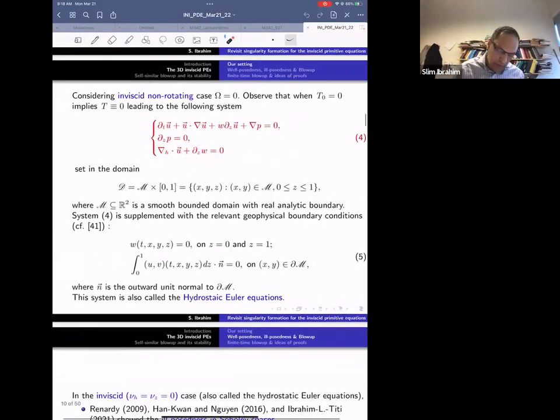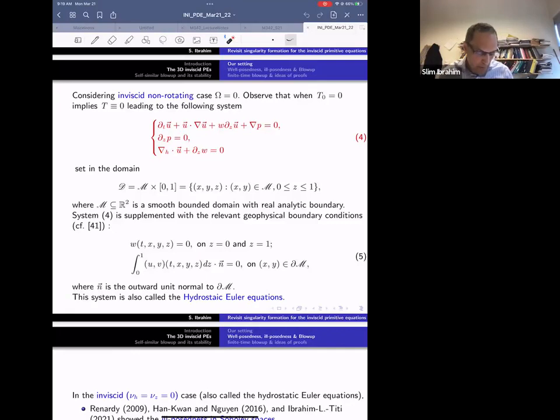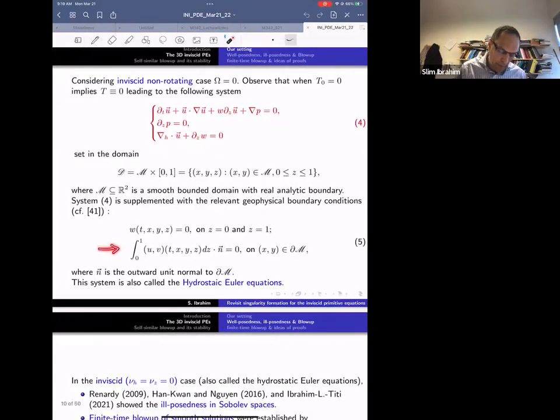And the second boundary condition is that if you average the horizontal velocity dotted with N with respect to Z, then you get 0. This system, as I said, is called the hydrostatic Euler equations.